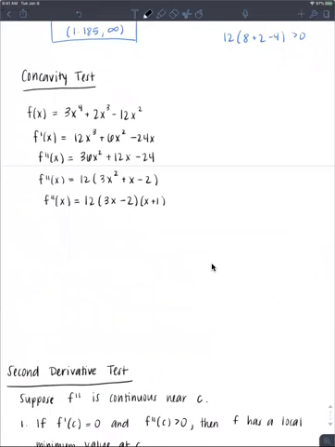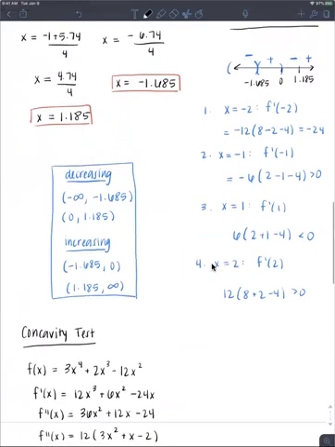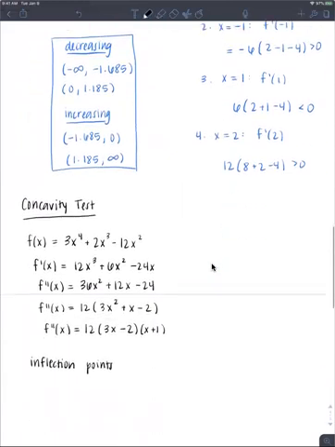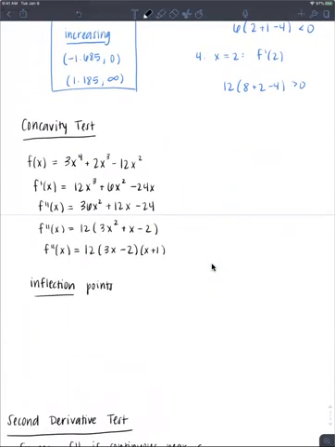And then here, the inflection points, I'm going to have to test around those. Same way that I tested around the critical points here, right? And so the inflection points are going to be where the second derivative equals 0. And so you get 12 times 3x minus 2 times x plus 1 equals 0. 12 cannot equal 0, so that's nothing.